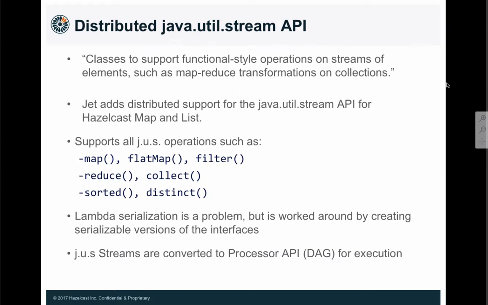There's a query execution engine that will convert the Java Stream into a DAG and execute it. There has been a slight complication with lambdas, because Java Stream itself uses things like Function and Predicate from the JDK, and none of these interfaces are marked as serializable. So we had to do some tricks to get it working, but I think it works quite smoothly.